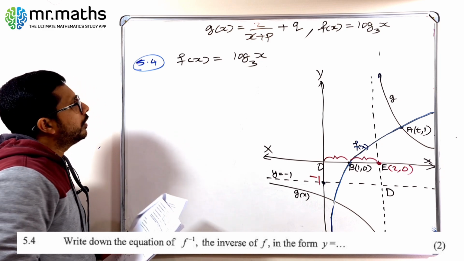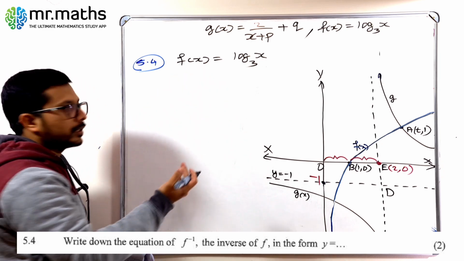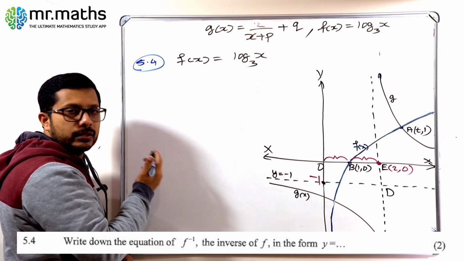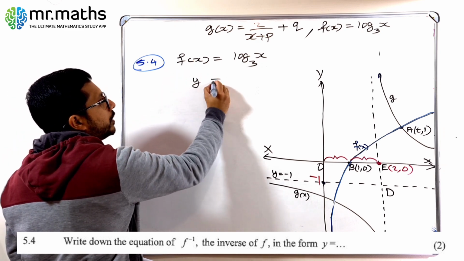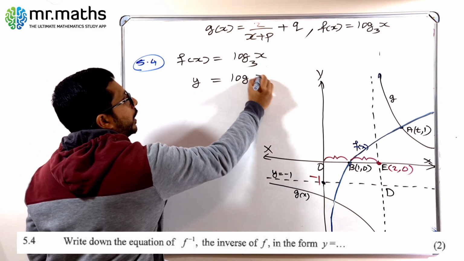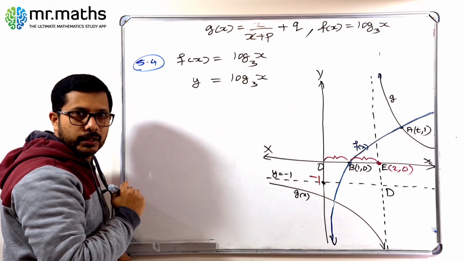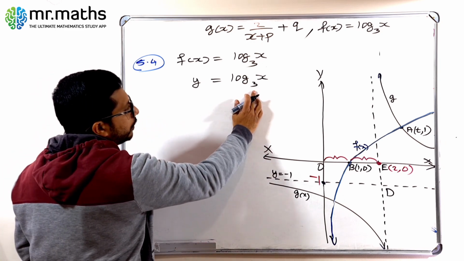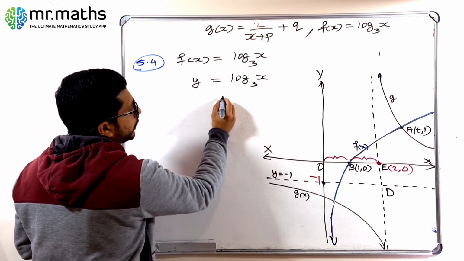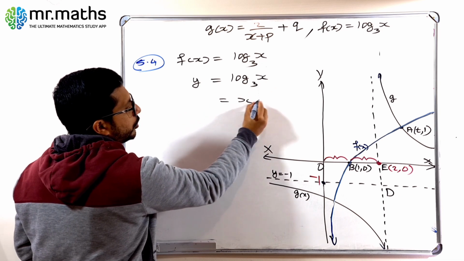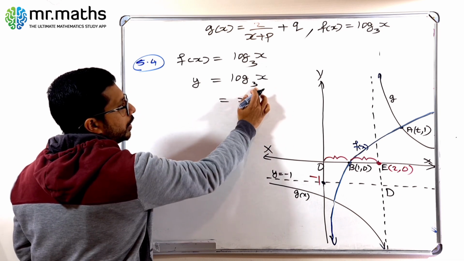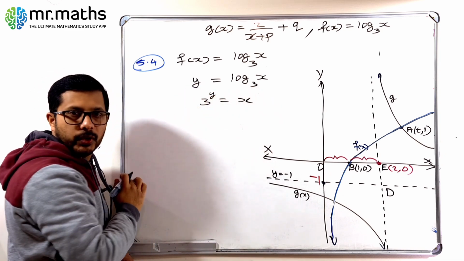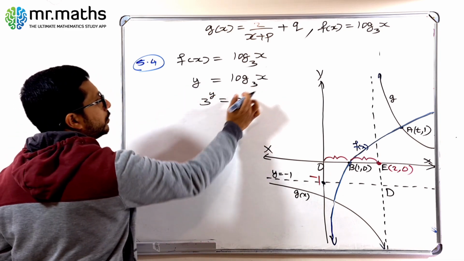Before I write f inverse, just try to understand this f of x is a function, so it's the same as y. So y is equal to log x to the base 3. I didn't start writing the inverse. From here, what is x? I told you in the previous question, x is equal to 3 raised to y, this base raised to y, am I right? So x is equal to 3 raised to y.